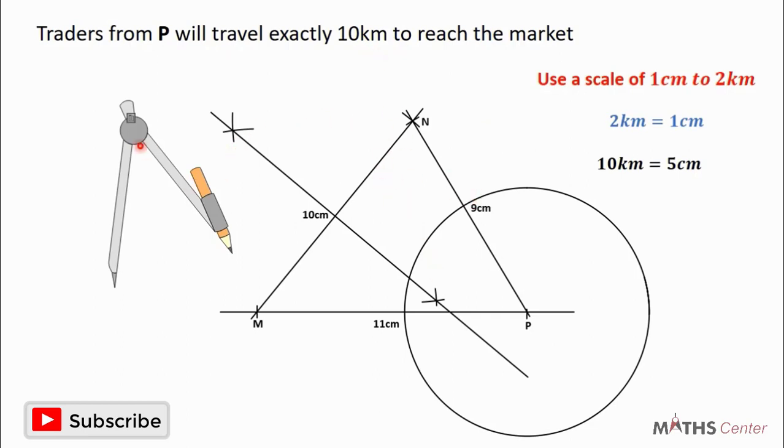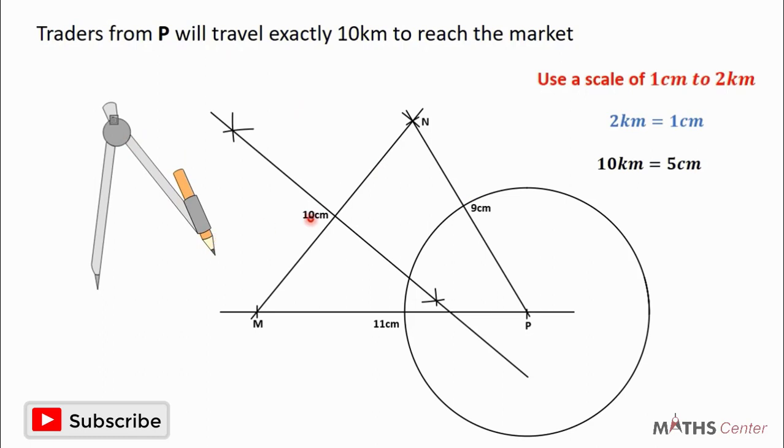We can see from what we have constructed here that when we consider the first condition, we had the locus of points equidistant from point M and point N to be this line. And when we consider the second condition, we are having the locus of points 5 centimeters from point P to be this circle. The circle and the perpendicular bisector intersect at this point.